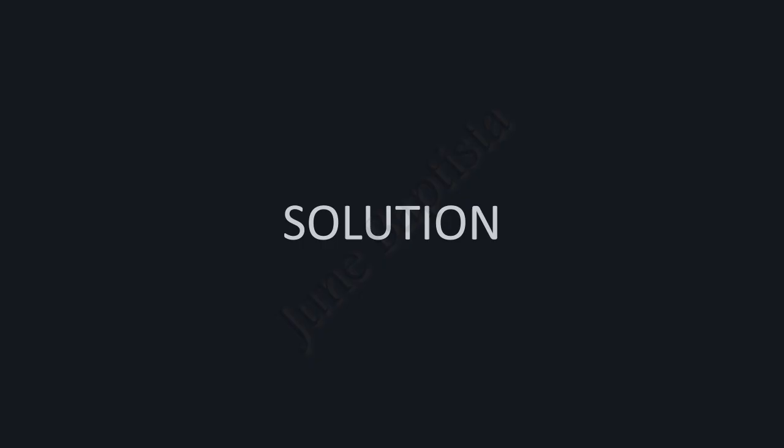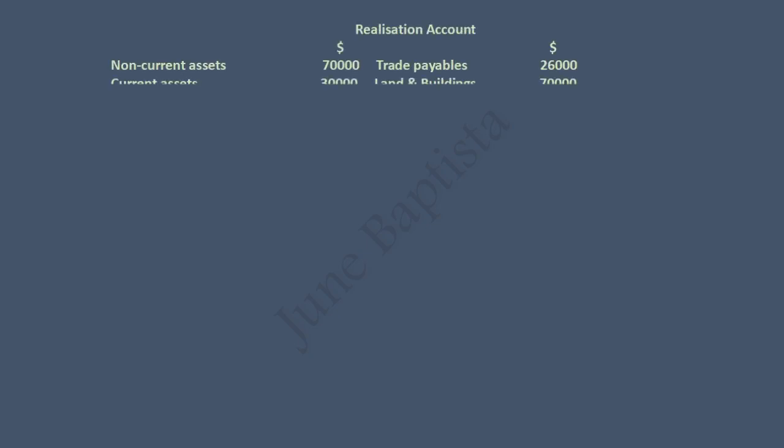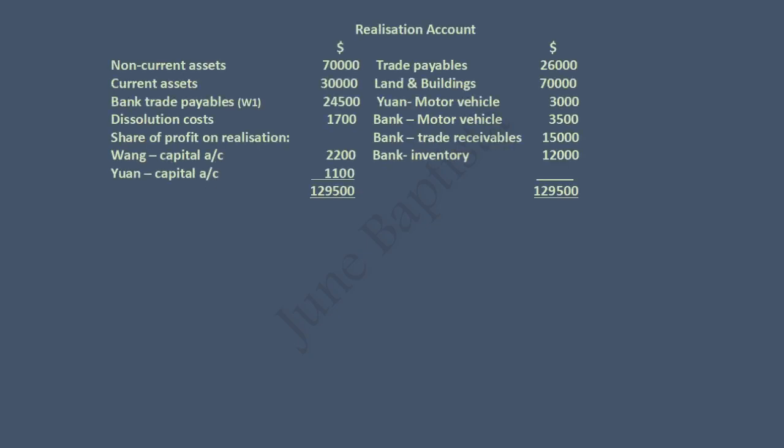Solution. Let us draw up the realization account by transferring the non-current assets of $70,000 to the debit side, the current assets of $30,000 also to the debit side, and trade payables $26,000 to the credit side. Let us now see what these have realized. Land and buildings realized $70,000, recorded on the credit side.